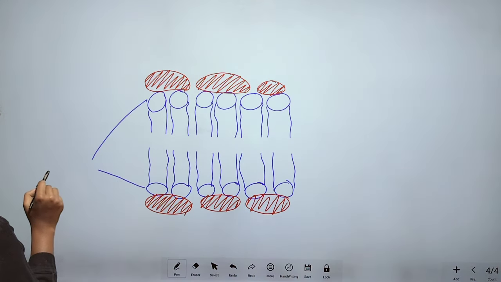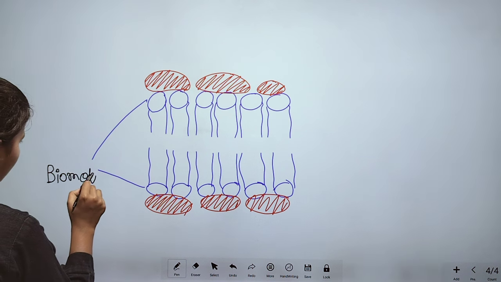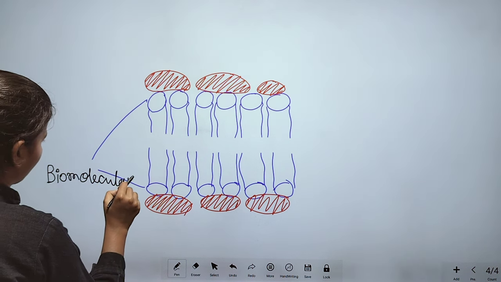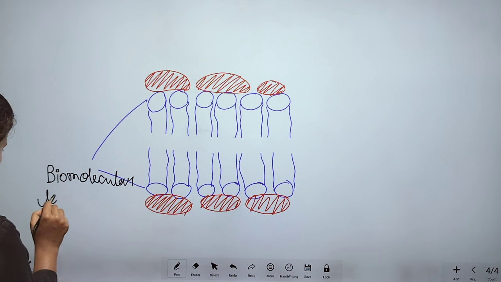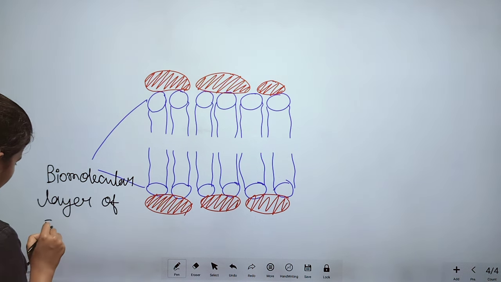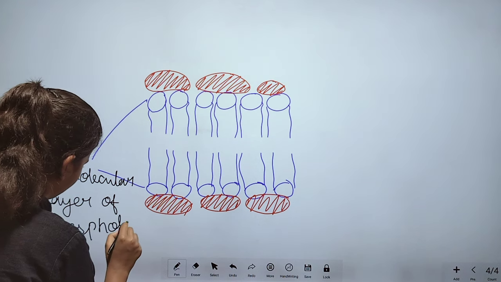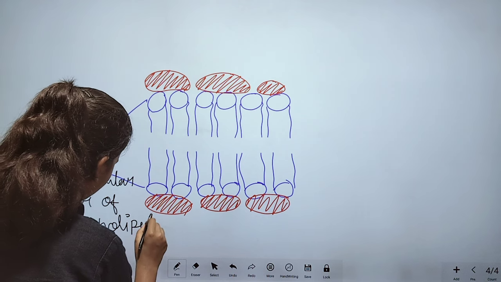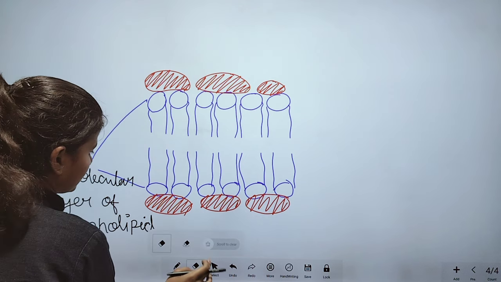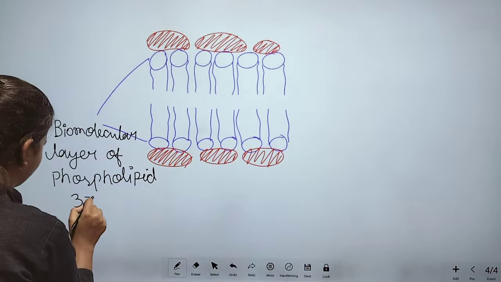And the bimolecular layer of phospholipid is 35 angstrom.